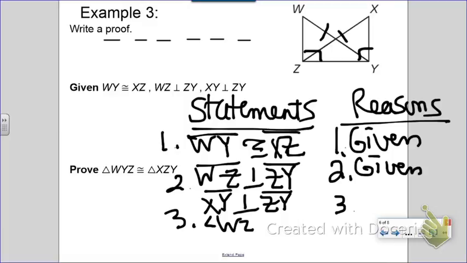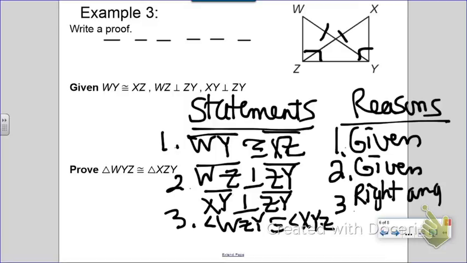So angle WZY is congruent to angle XYZ, and those are right angles congruent. I have to have another part congruent yet to show the triangles are congruent.